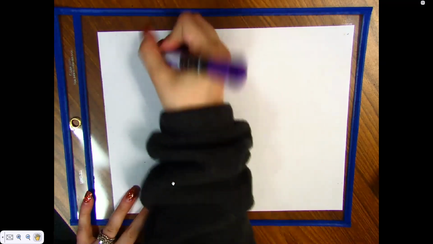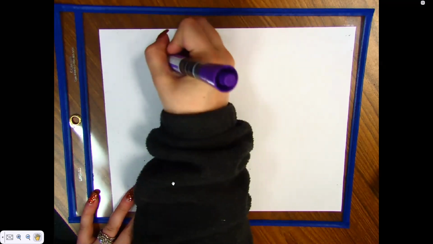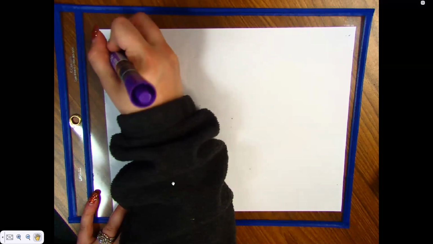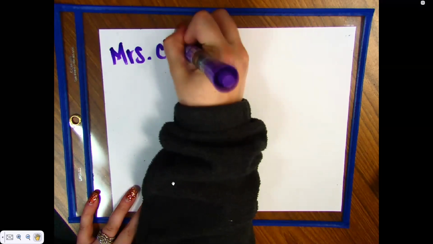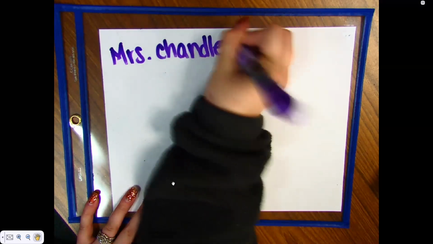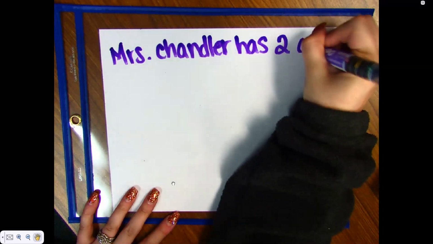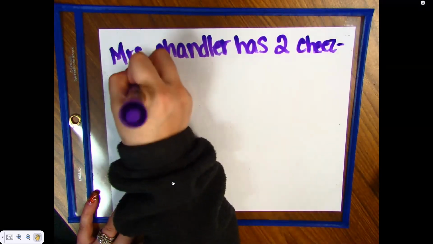Okay, so you're going to show me in groups. If I have the problem: Miss Chandler has 2 Cheez-Its.